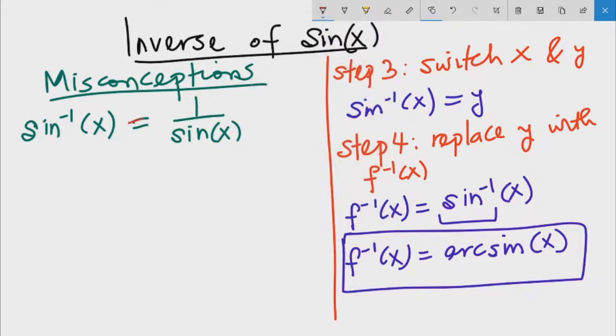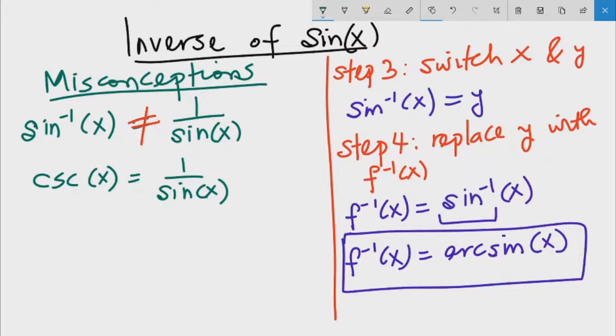The inverse of the sine of x is not equal to the reciprocal of sine of x. You will remember that the reciprocal of sine of x is actually cosecant of x, okay? So cosecant of x equals the reciprocal of sine of x. Again, the arc sine of x is not the same thing as 1 over sine of x.